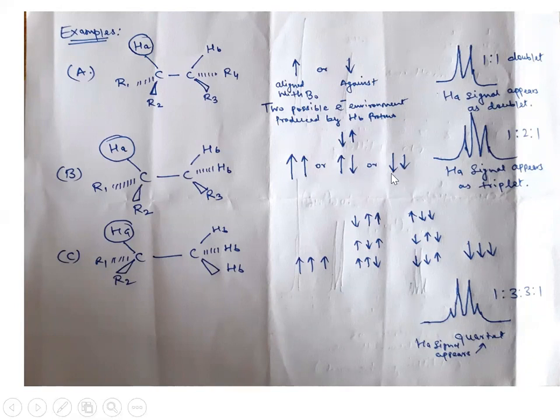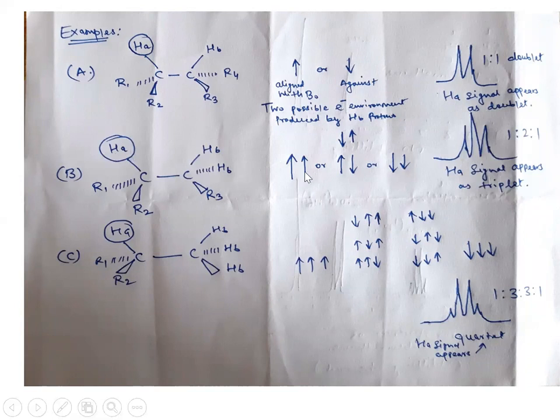Then in this case we get a triplet, and the signal intensity will be in the ratio 1:2:1. The HA signal appears as a triplet because there are two protons in close proximity to this proton.